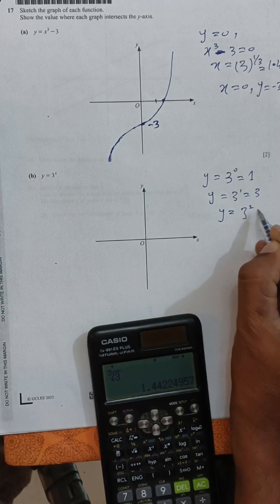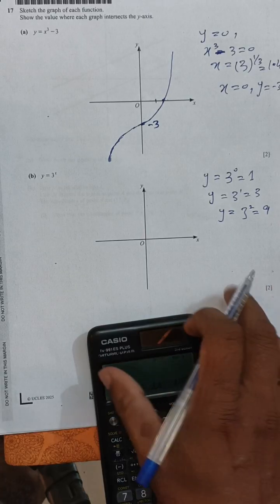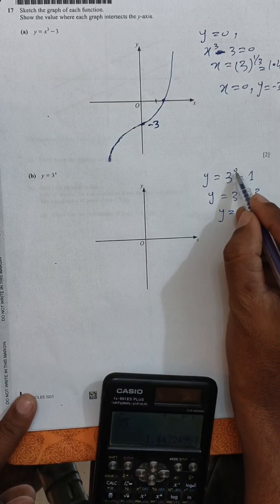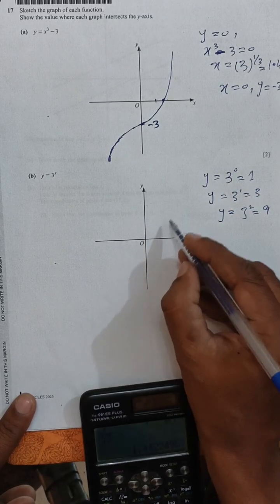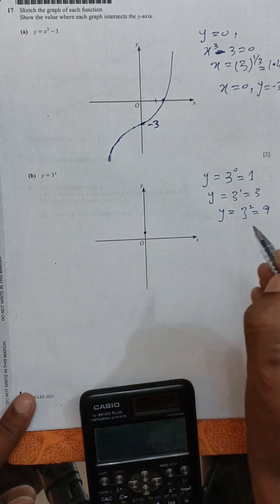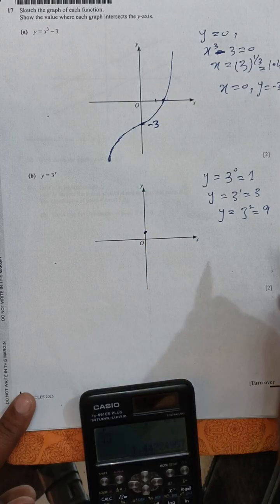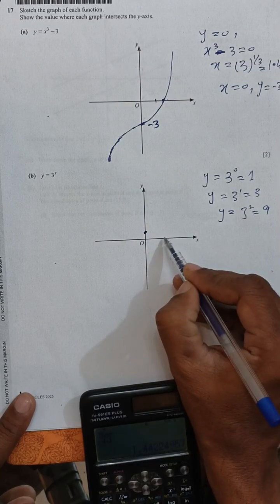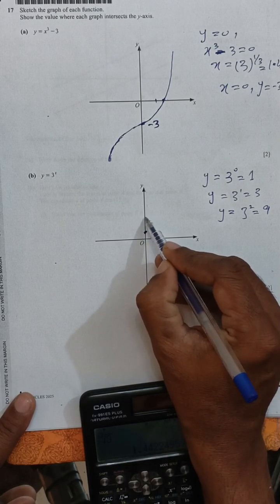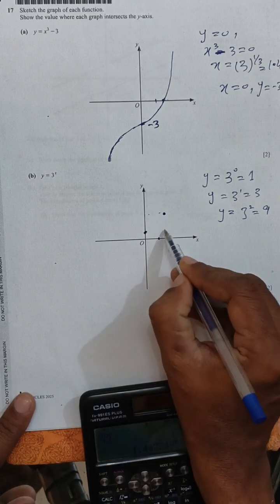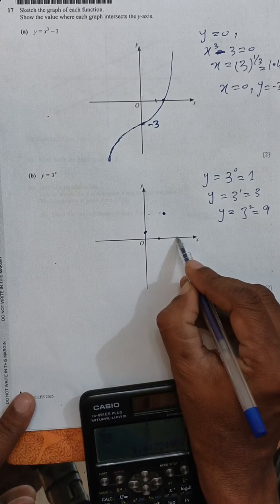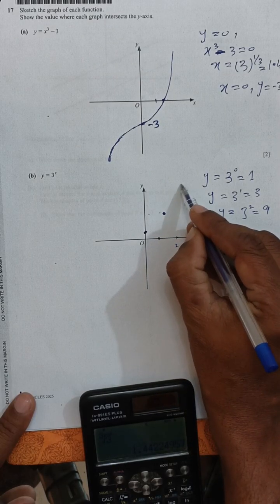When x equal to 2, y equal to 3 की power 2 equal to 9. Clear?